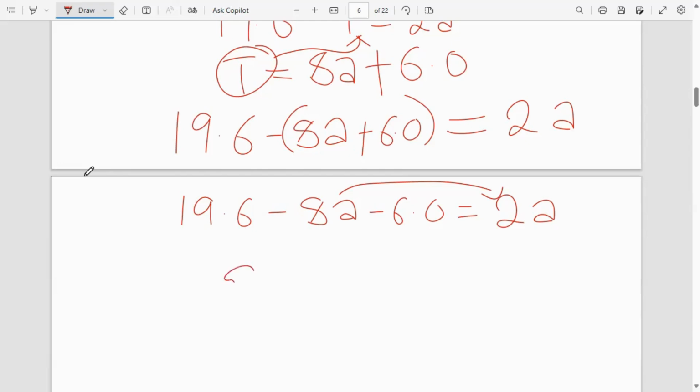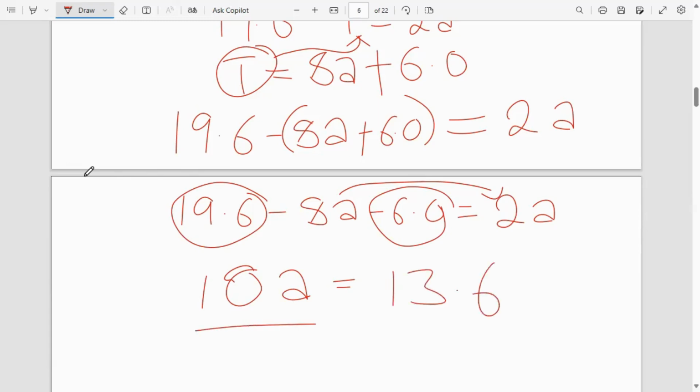So 10A will be equal to 19.6 minus 6, which is going to give me 13.6 divided by 10.